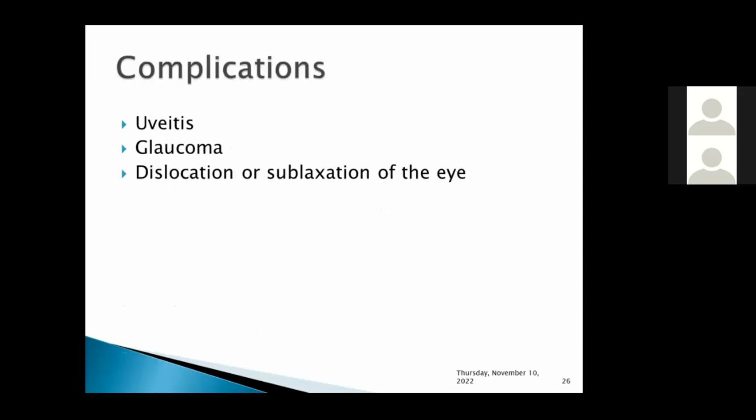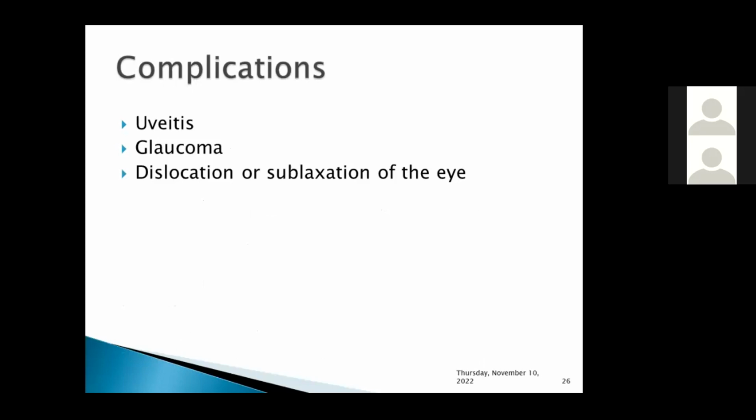So there are a lot of complications from cataract, but the common ones are uveitis, as I told you earlier. If the cataract reaches the level of Morgagnian type, there will be leakage of lens particles into the anterior chamber, and since these are protein materials, they may result in inflammation.